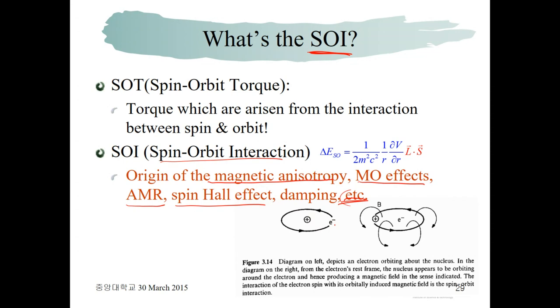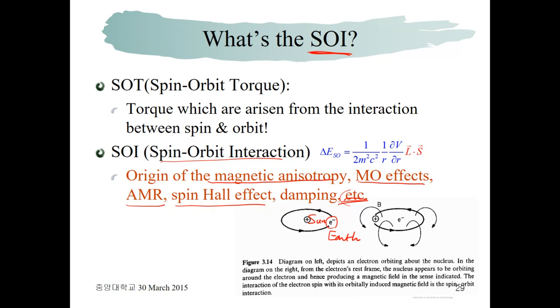But let's think about this. This is, let's say, Earth, and this is the Sun. When you look at the Sun from the Earth, the Sun is moving and the Earth is not moving.